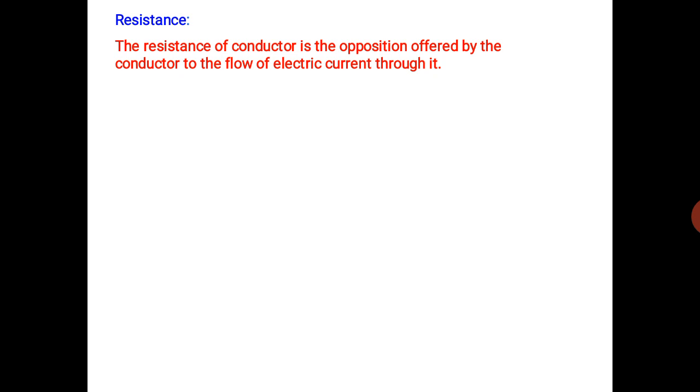We can measure the electrical resistance as the ratio of applied potential to current. This is an expression by which we can measure the electrical resistance of a conductor.